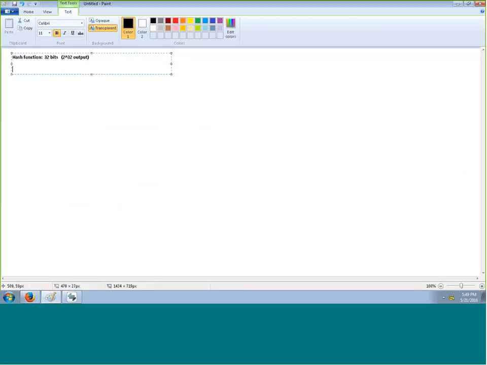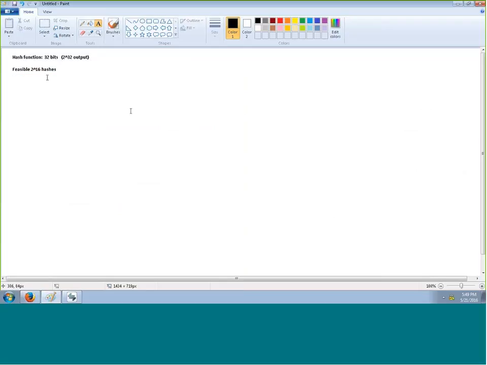And let's say that we have a machine that can feasibly compute, I don't know, 2 to the 16th, make it nice and neat, 2 to the 16th hashes. Okay, that's a tiny number. That's 65,536. But I want to keep these numbers manageable so that we can still crunch them, so that Wolfram doesn't complain about computation time exceeded or the size of the numbers.